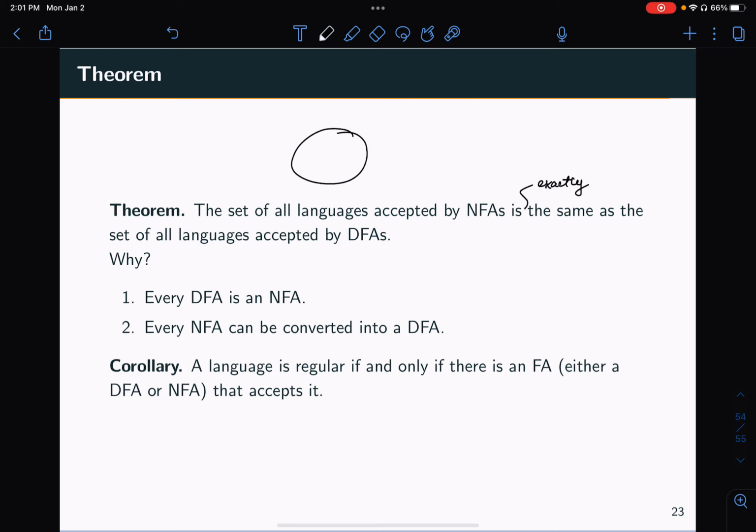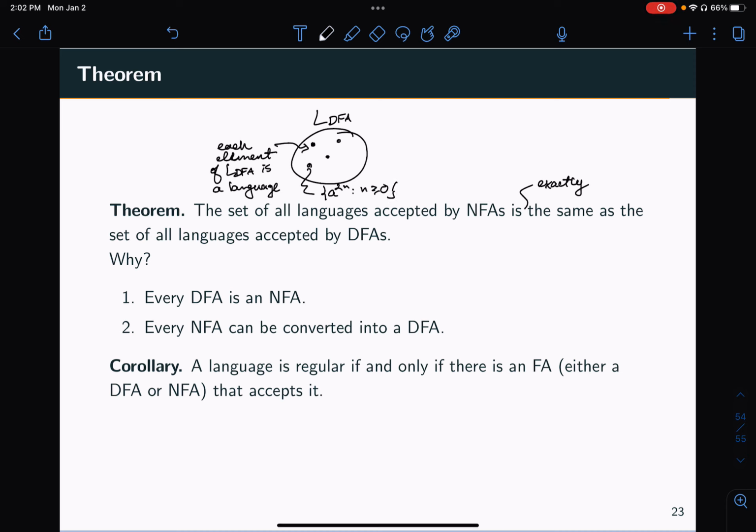If you think of the set of languages accepted by DFAs as just some blob, each of these points is actually a language, right? So each element of L_DFA is a language. Perhaps this language is, I don't know, the set of strings that have even length and only have A's.